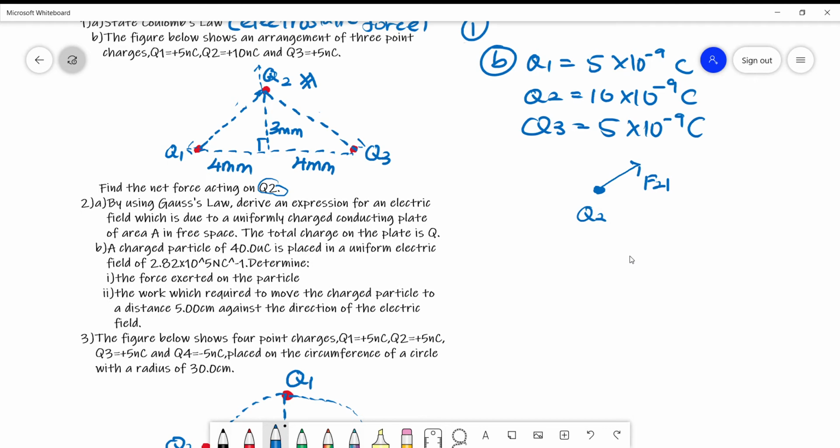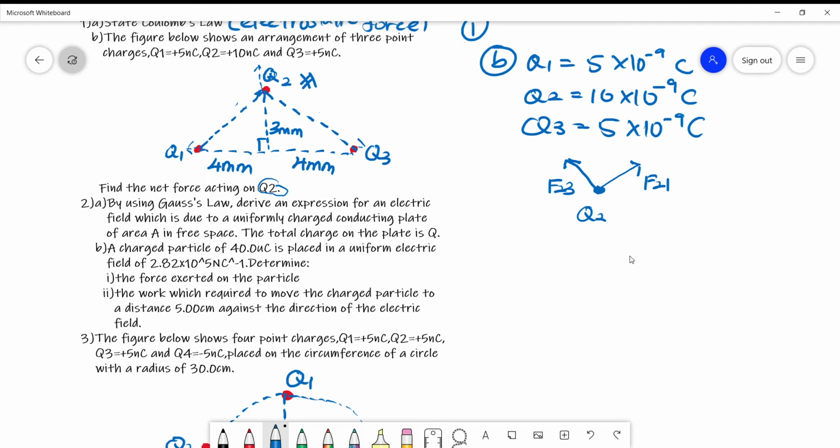As for F23, since both Q2 and Q3 are positive charges, they are also repelled to each other. Okay, let me just draw it properly. So I can conclude that my F23 is in this way. This is F23 and this is F21. Both forces are in inclined form.